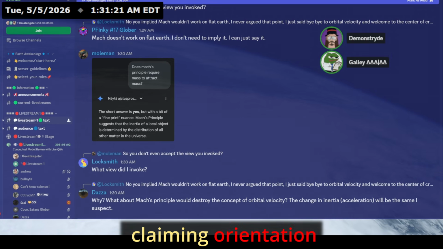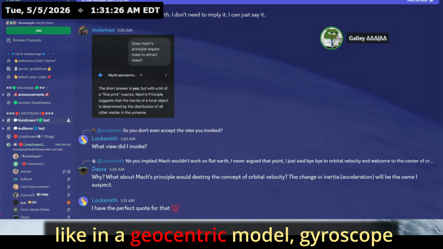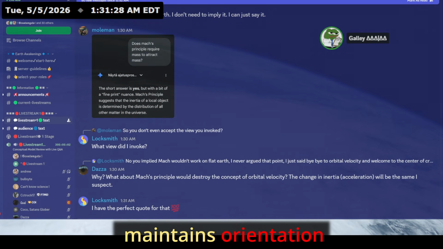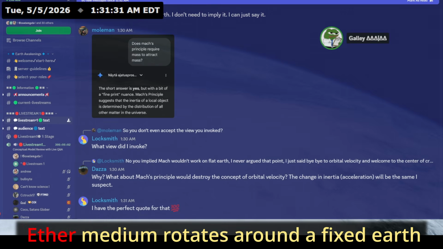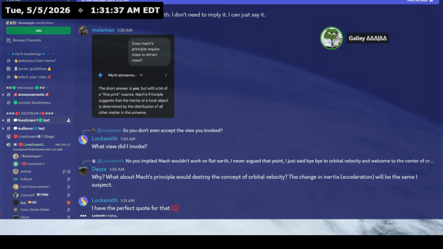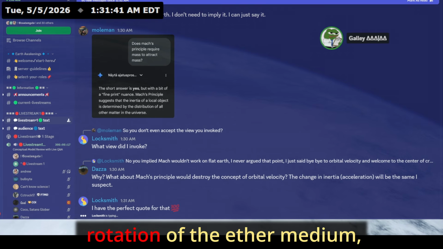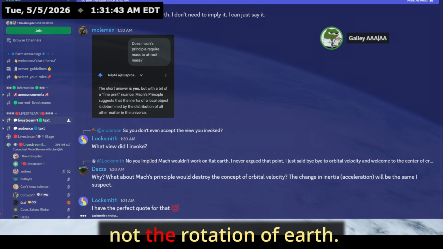But again, you're claiming that the forces maintain orientation relative, like in a geocentric model. Gyroscope maintains orientation relative to the ether medium. Ether medium rotates around a fixed Earth carrying the cosmos, so that this space would just be pure ether. The gyroscope drift relative to local ground would reflect the rotation of the ether medium, not the rotation of Earth.